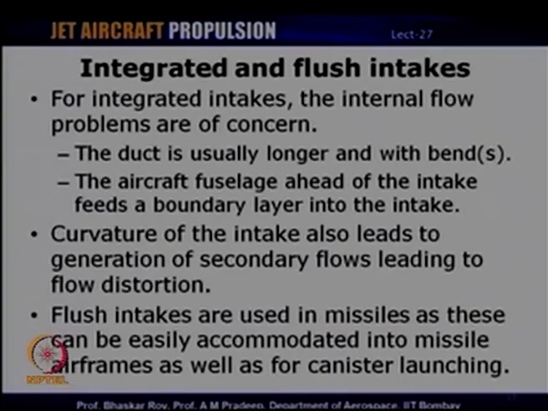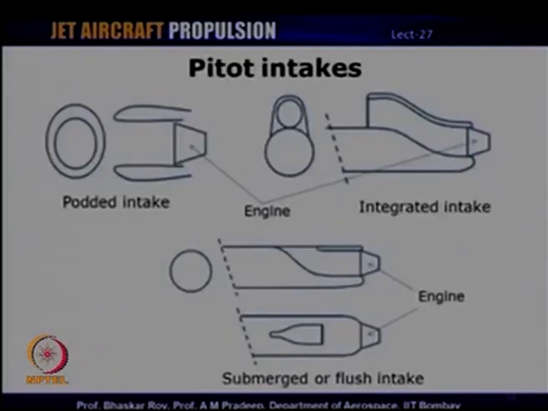In the case of flush intakes, these same problems exist as in the case of integrated intakes, but here the problems are even more compounded because the curvature is much higher than what you see in an integrated intake. Therefore, the flow in this case takes an almost 90-degree turn, which means that the flow entering the engine is likely to be highly non-uniform.